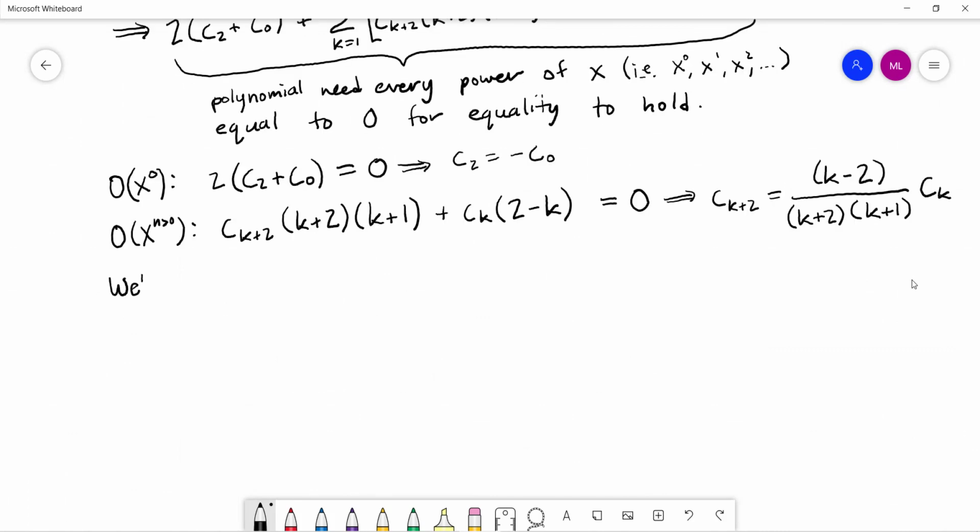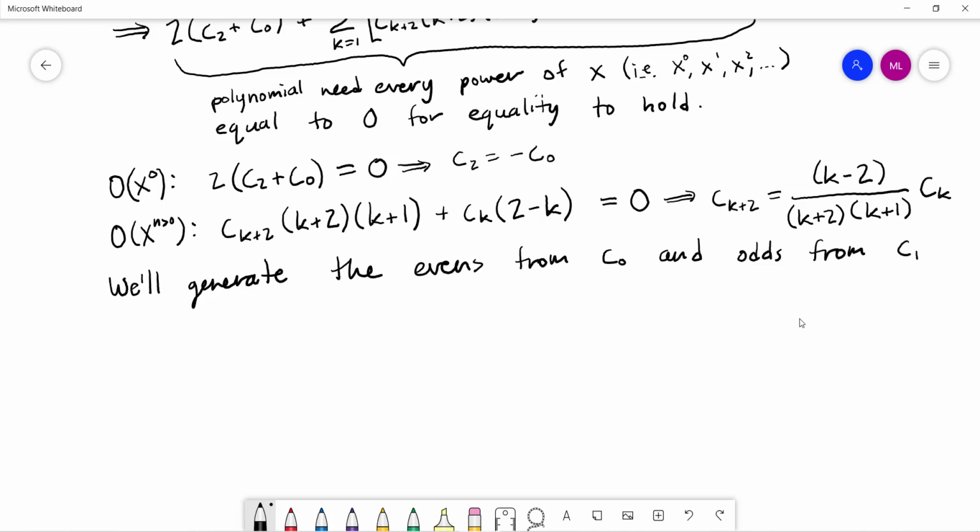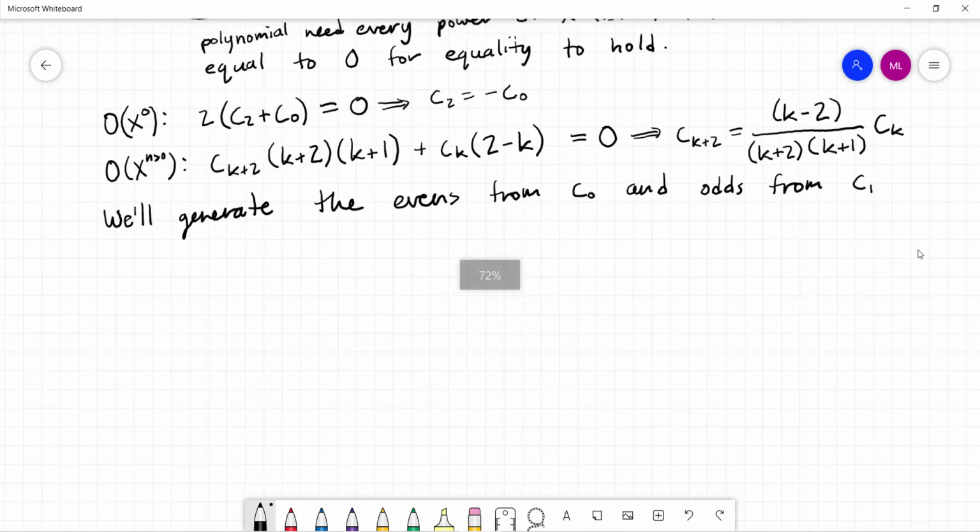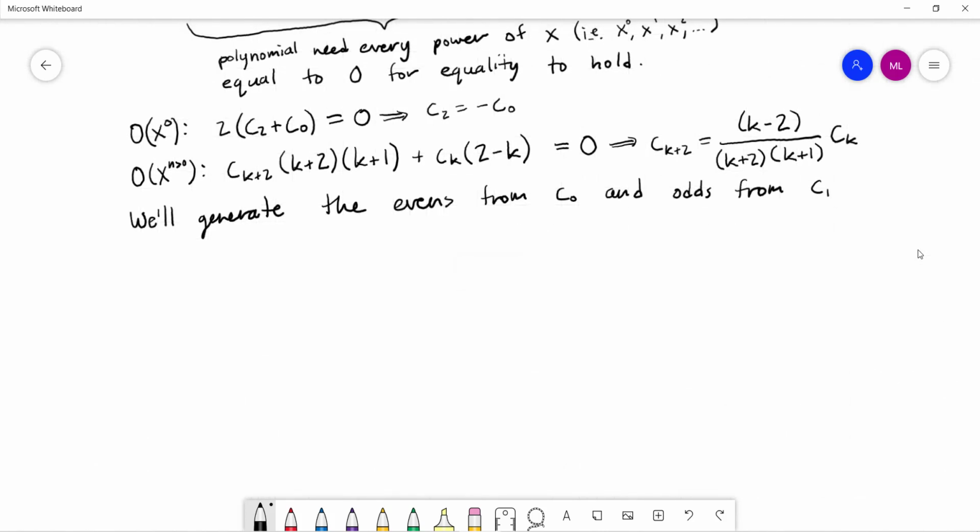We'll generate the even ones from C0 and the odds from C1. And now C0 and C1 are going to be my two separate constants of integration, yielding my two separate pieces of the solution.